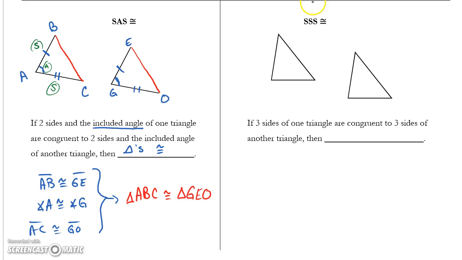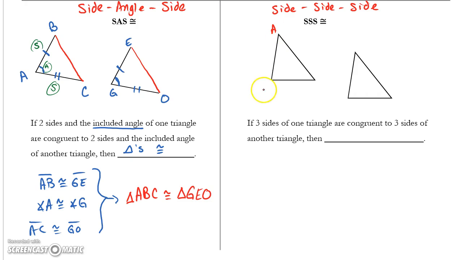The second idea here is called side side side congruence, SSS. So I'll write it up here. That's called side side side congruence. This one was side angle side congruence. Side side side is just simply stating that the three sides of one triangle are congruent to the three sides of another.